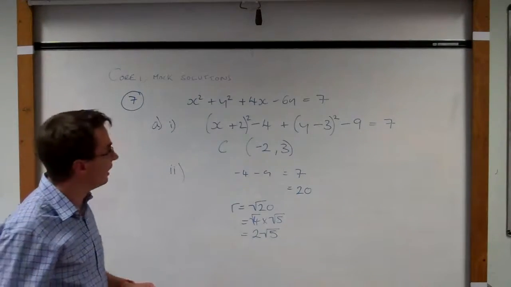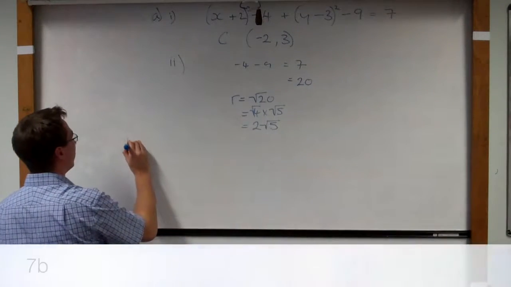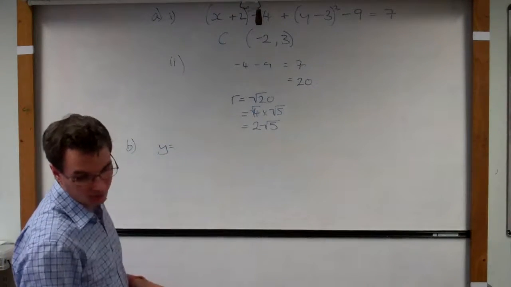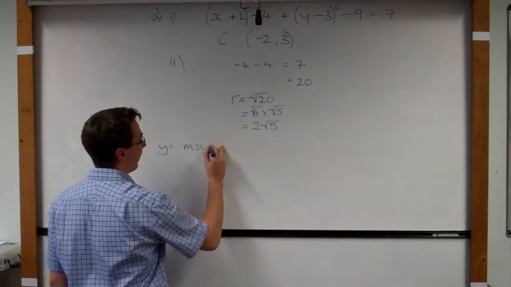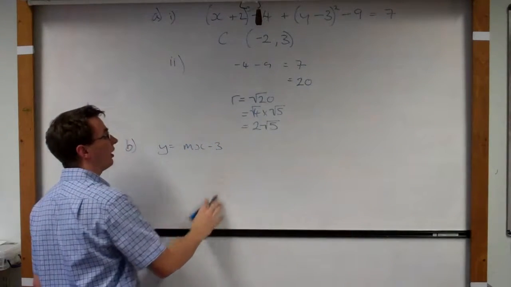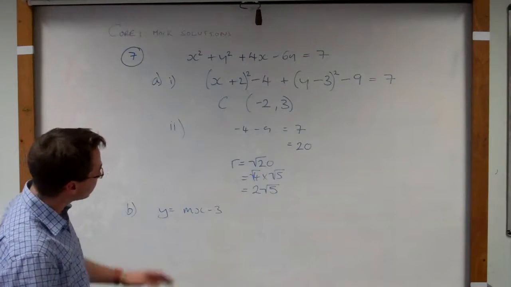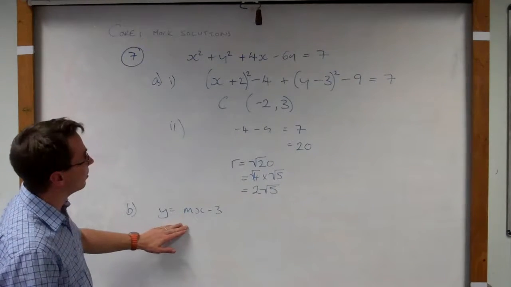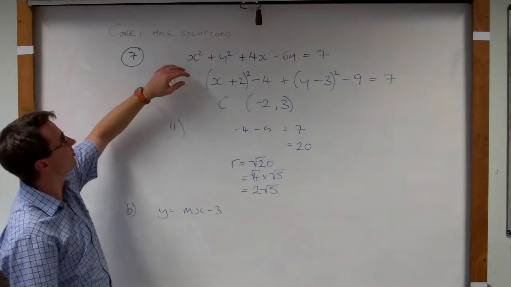In part B, it brought in a nice new bit. It told us that y for a particular line is equal to mx minus 3. It told us this line was intersecting with our circle. Now, this is in y equals, so it's really straightforward subbing, but it's making sure we choose the right one.